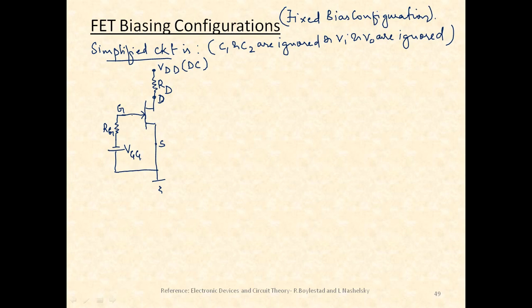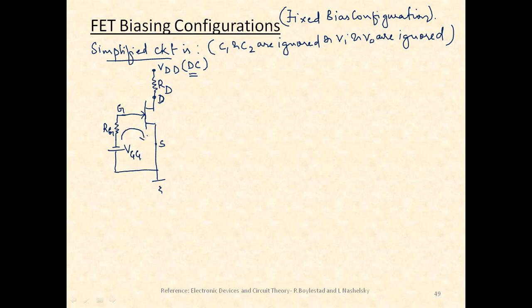Okay, fine. See, now we have got a simplified circuit in which the entire circuit is being biased due to the DC supply which is being applied at the drain end. Well, we have got two paths now.